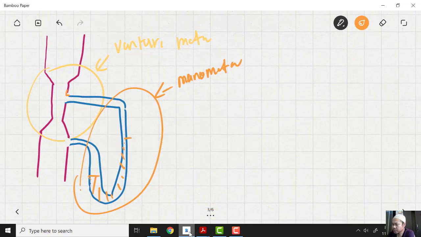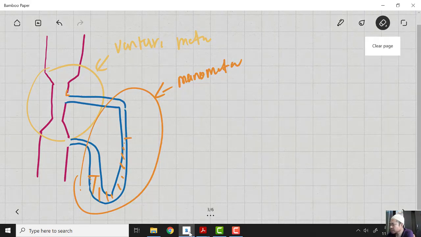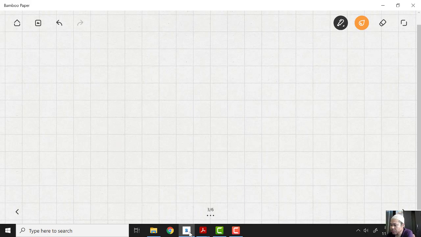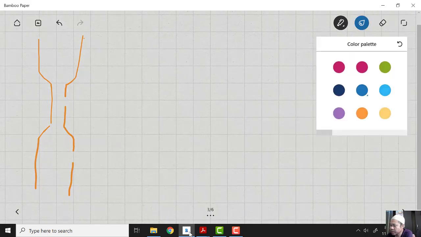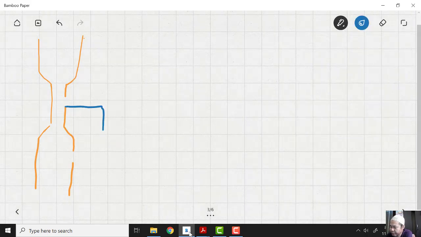Let's write it here. We have a Venturi meter connected to a pipe, and we have the manometer.